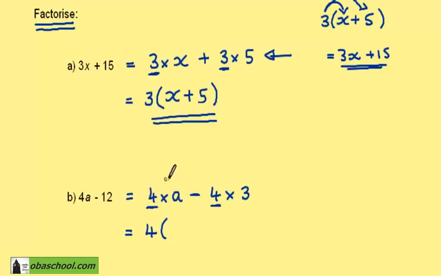After removing the 4, we're left with an a from the first term. We have the minus sign, and we have a 3 left from the second term. So 4a minus 12 is 4, open bracket, a minus 3, close bracket.